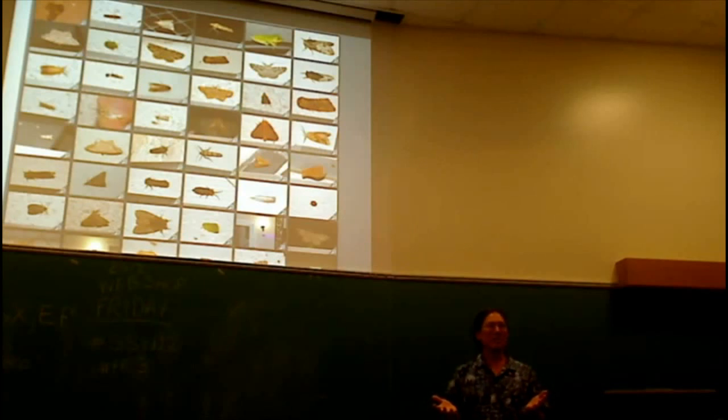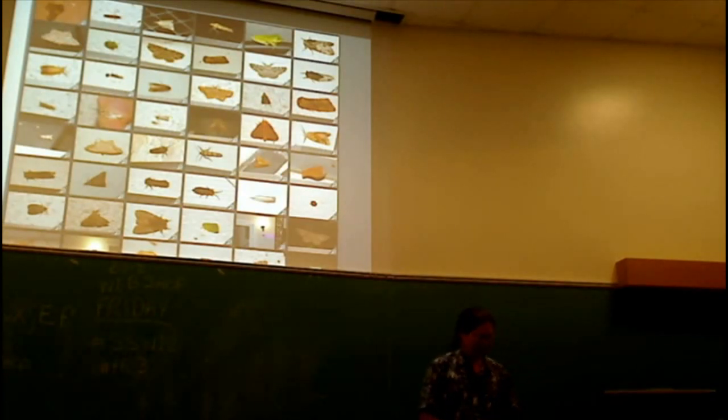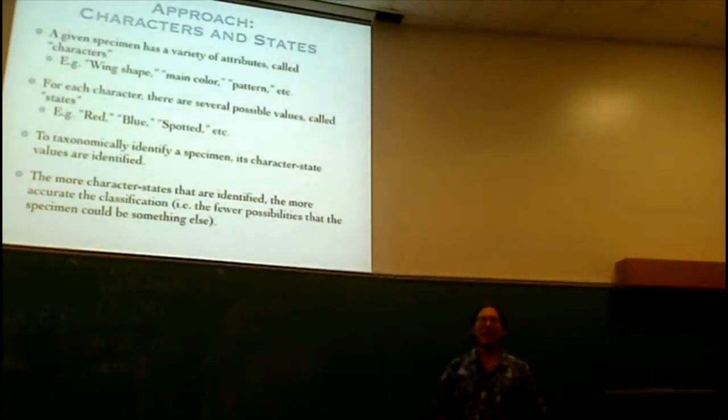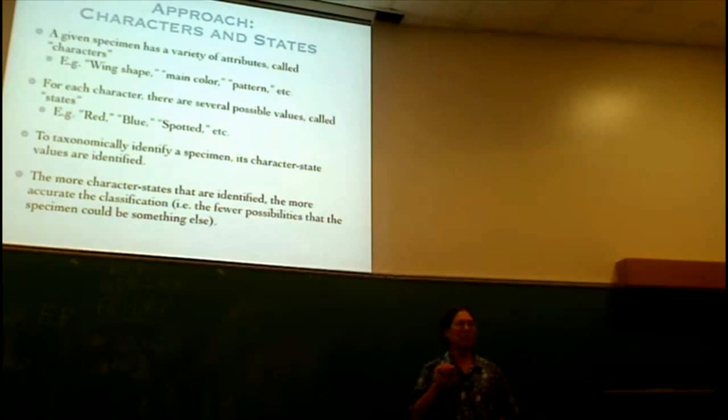But in order for this collection to be of any use to anyone, we need to know what kind of a moth it is. And it turns out that there is an approach that you can teach non-experts to use in order to classify the moths. So mostly you need to be an expert, but non-experts can do this by looking at the particular specimen characteristic by characteristic, attribute by attribute.